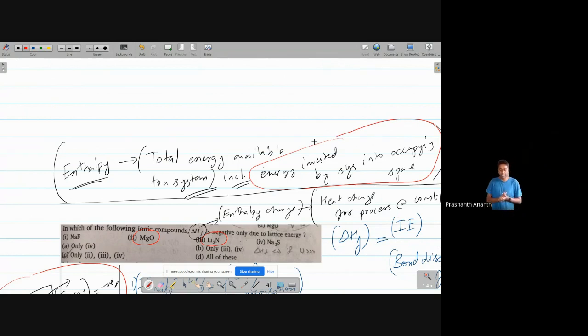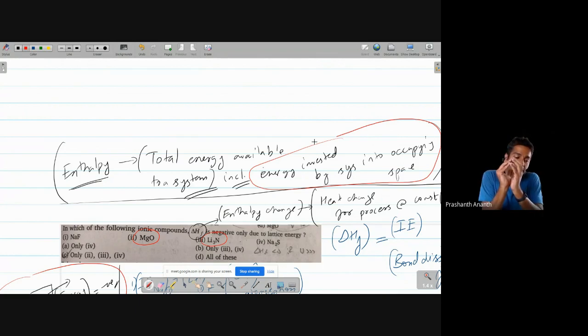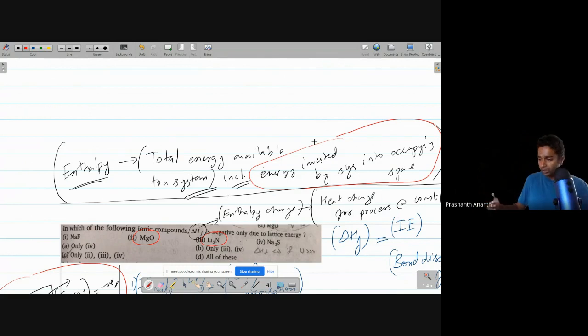What do I mean by that? If I have a gas occupying some space, if I have a gas in between my hands over here, let's say it's a box. If I have a gas inside here, that gas is occupying this space. What do I mean by occupying this space? Think and tell. It's occupying that space against whatever is outside, correct?